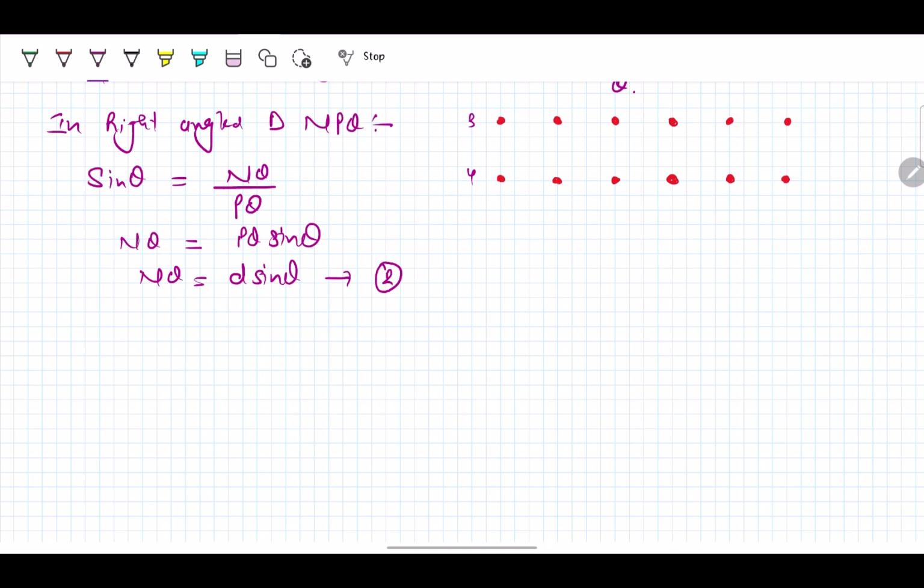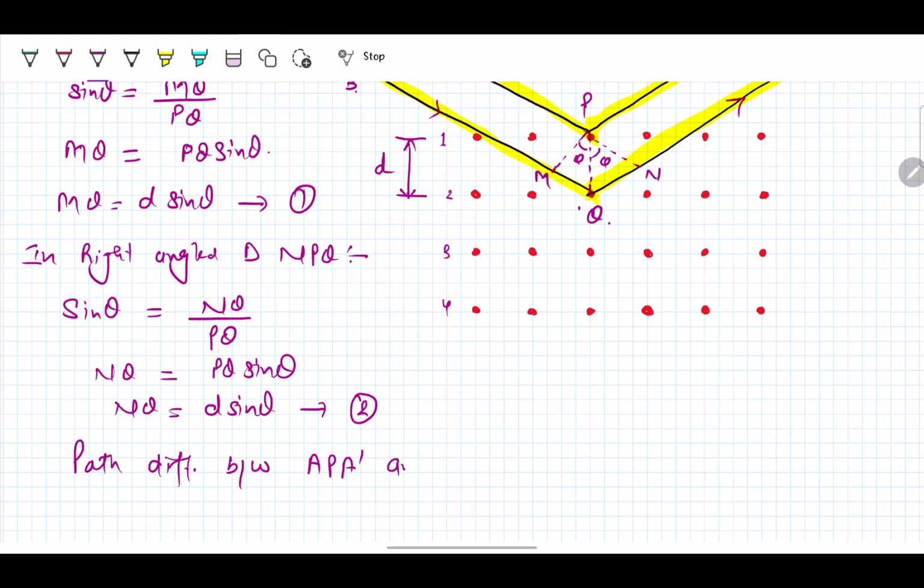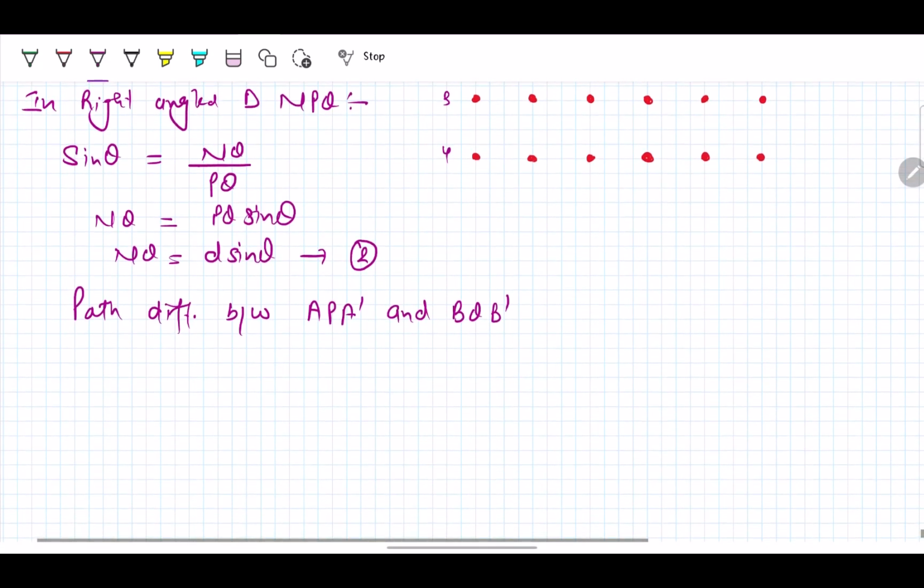The path followed by beam A is APA dash, and beam B follows path BQB dash. We can write the path difference as delta equals BQB dash minus APA dash.